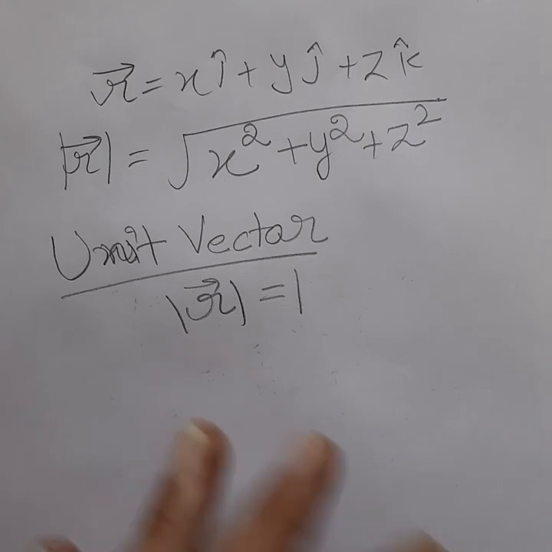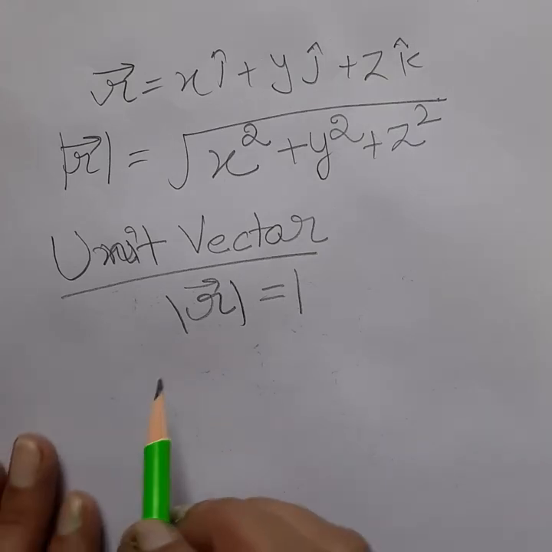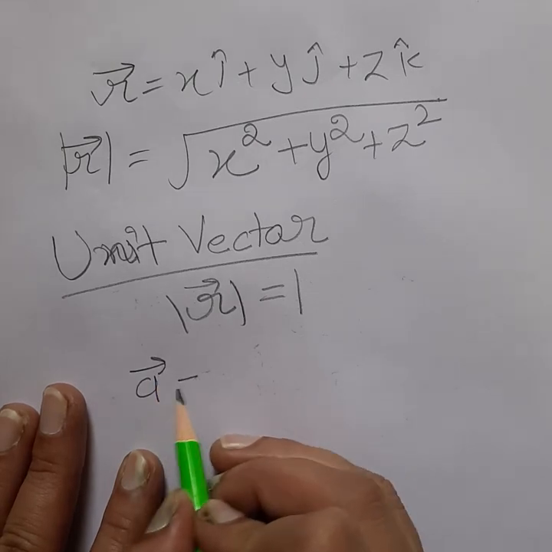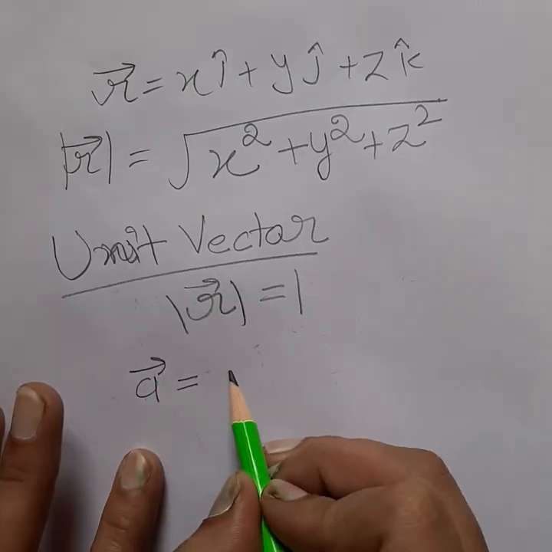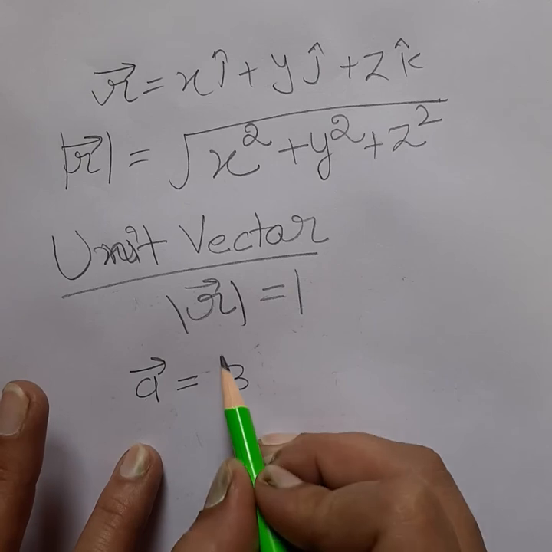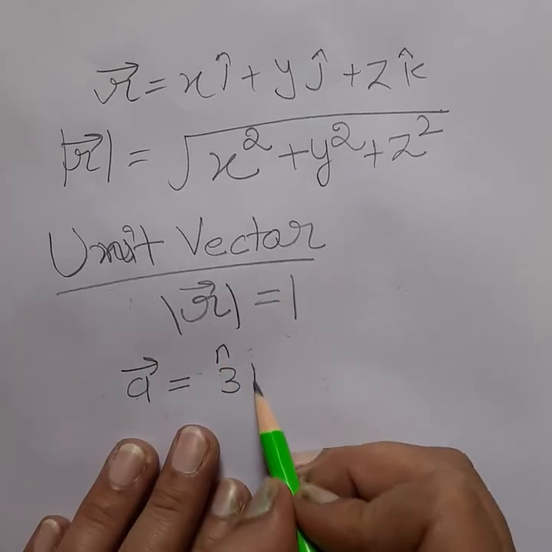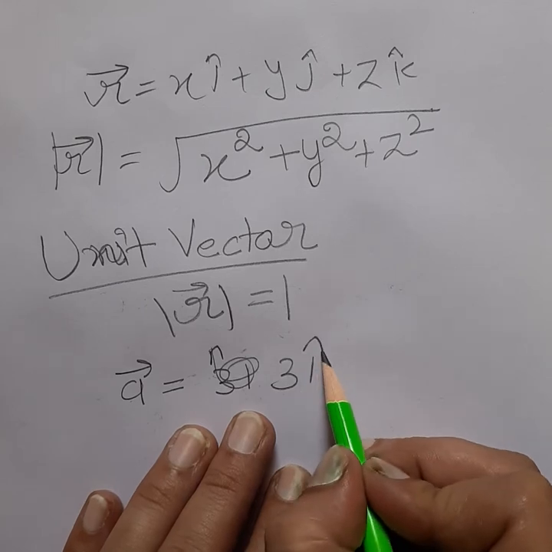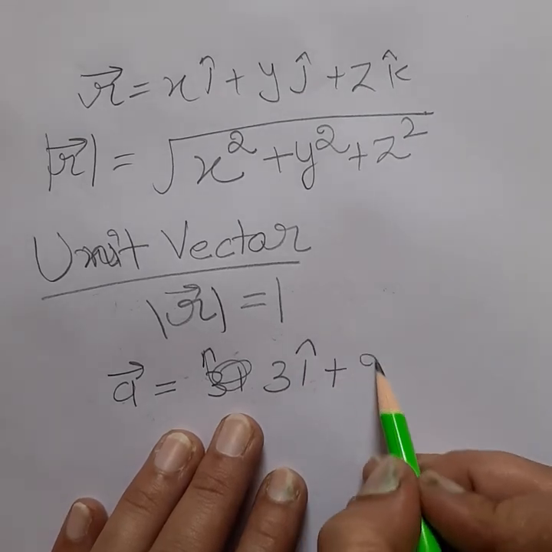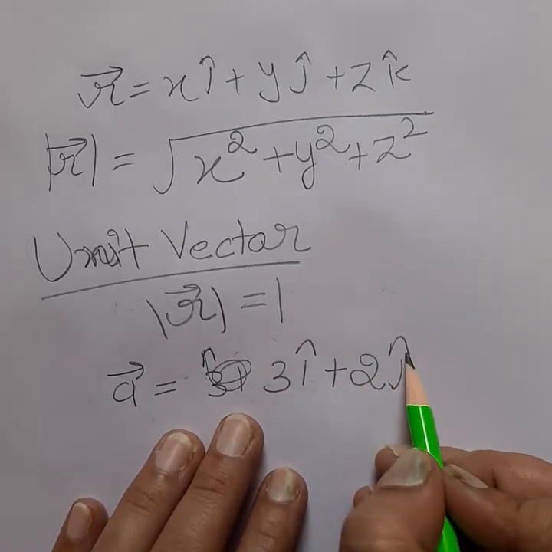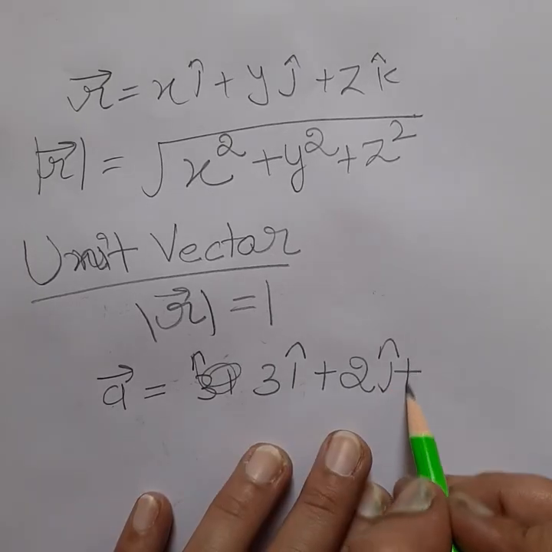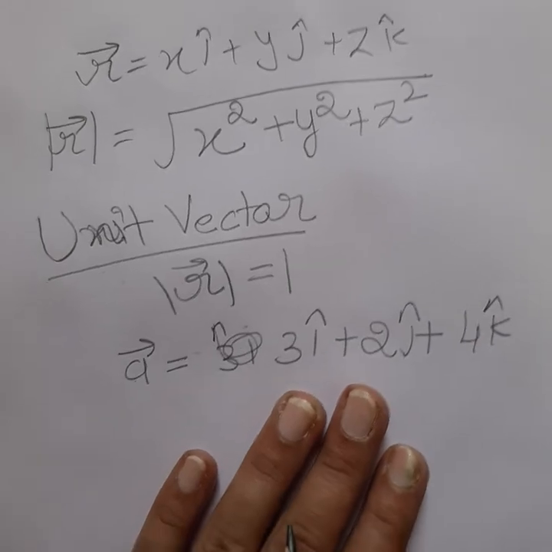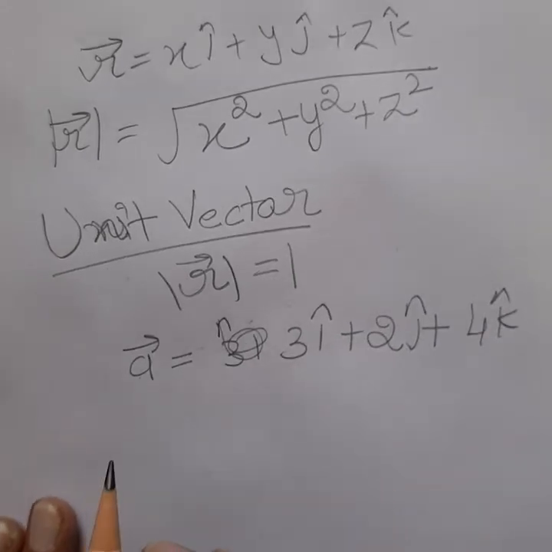Suppose you are given in the question a vector 3i plus 2j plus 4k, and we have to find its unit vector.